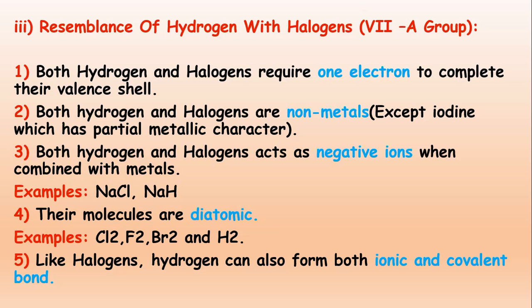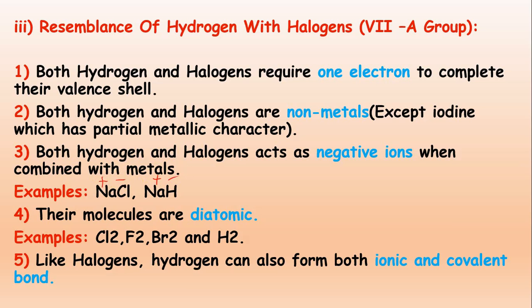When halogens of the 7th A group react with metals like sodium, forming sodium chloride, sodium will be positive and chloride will be negative. In the same way, when hydrogen reacts with metals to produce hydrides, sodium will be positive and hydrogen will be negative. So this is another similarity of hydrogen with the 7th A group, that it forms a negative ion.